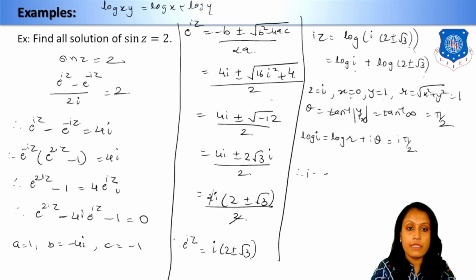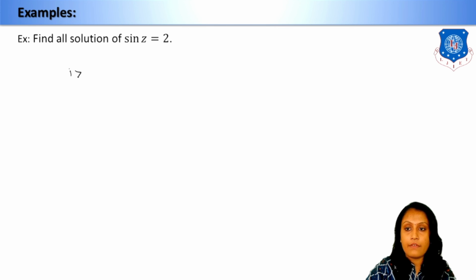Therefore iz is what? i pi by 2 plus log (2 plus or minus root 3). Now we'll bring this i over here.